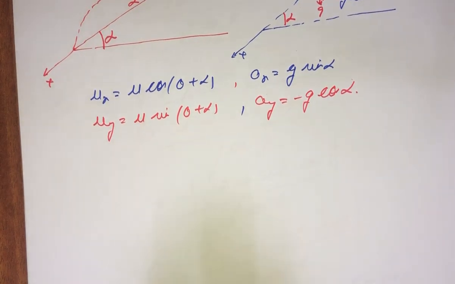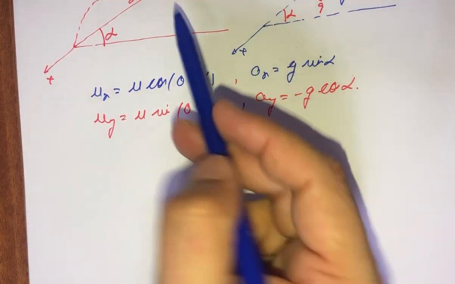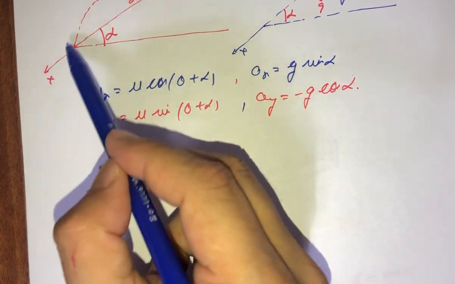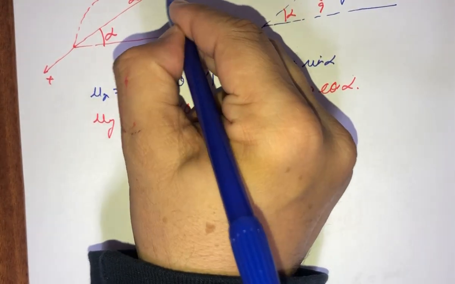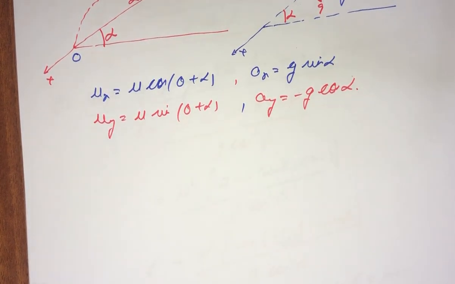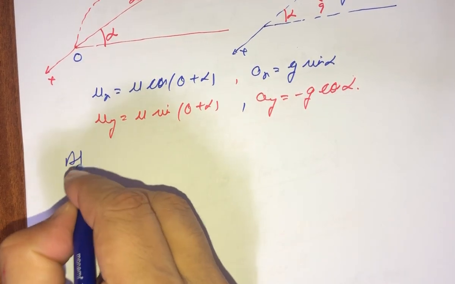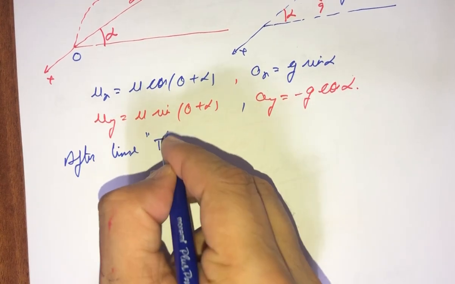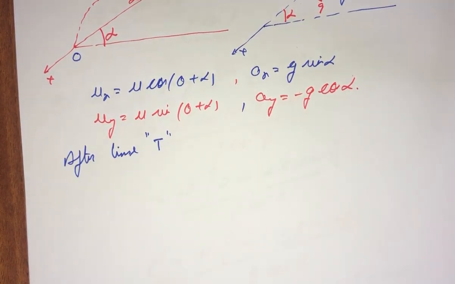So if T, capital T, is the time of flight from point P to O, we can write this after time T. Please keep in mind the time of flight in the downward direction will be different from the time of flight in the upward direction.